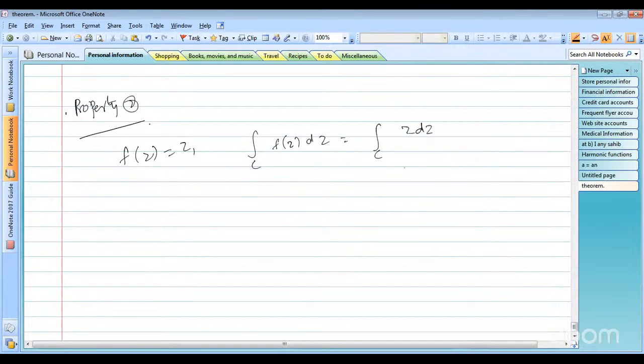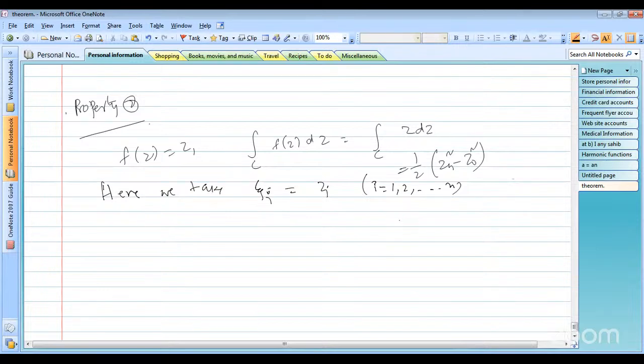So the integration of f(z) dz is equal to, what we have to write here, z_n² − z_0². The second condition also: the integration over c of f(z) dz is 1/2 (z_n² − z_0²).